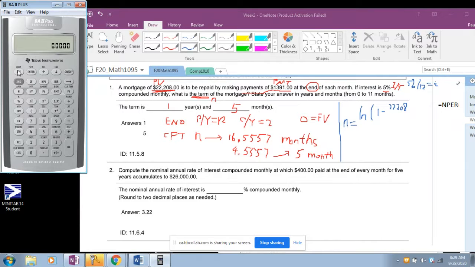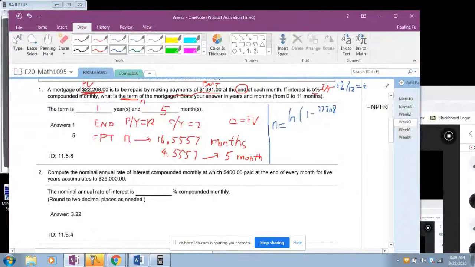So I use the 5%: 5 divided by 100, then divided by 12, equals 0.0042. That is I, 0.0042.